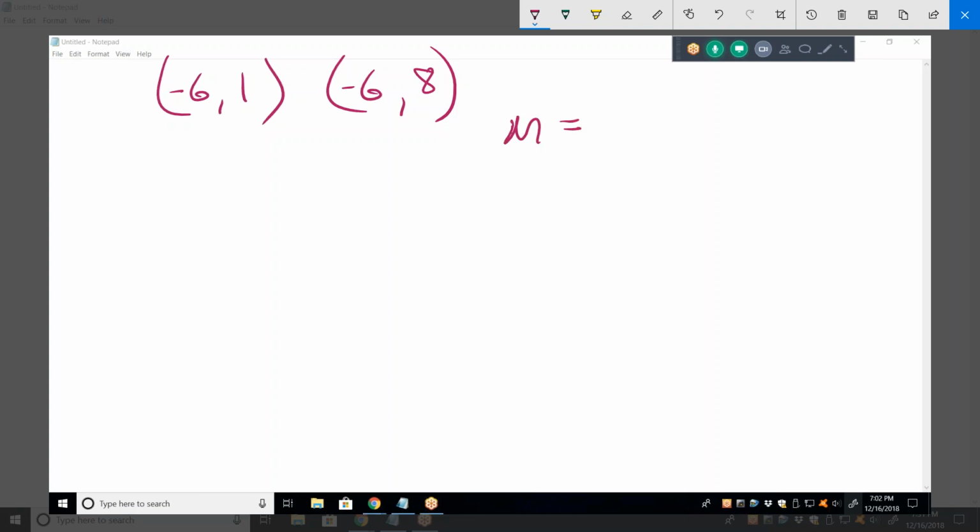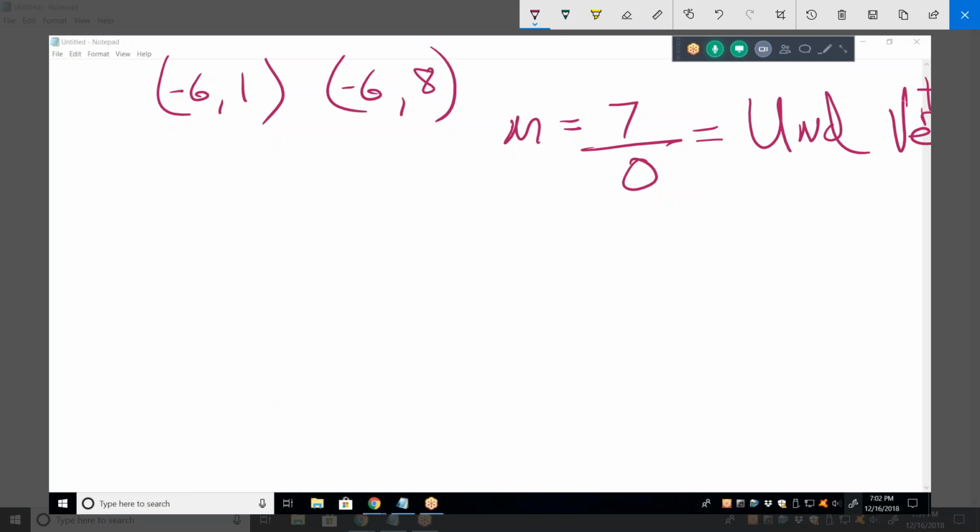What's the slope? The slope is 7 over 0. So what's that slope equal? Undefined, and it's a vertical line. Yeah, all vertical lines have an undefined slope.